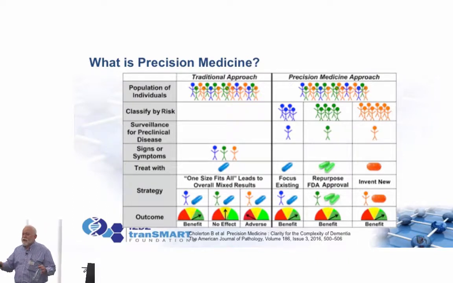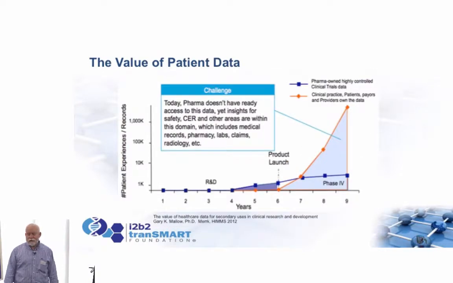And what the TranSMART Foundation is working to do is to work on all ends of this to facilitate a movement to precision medicine. And what is our focus? A key thing that we want to focus on is not just the translational data that we've talked about, data that's in the preclinical or observational clinical trials, but real-world data.